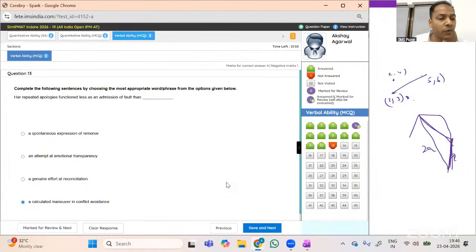Less as an admission of fault and a genuine effort at reconciliation. An attempt at emotional transparency, no. A spontaneous expression of remorse. The answer would be, I believe, option C.